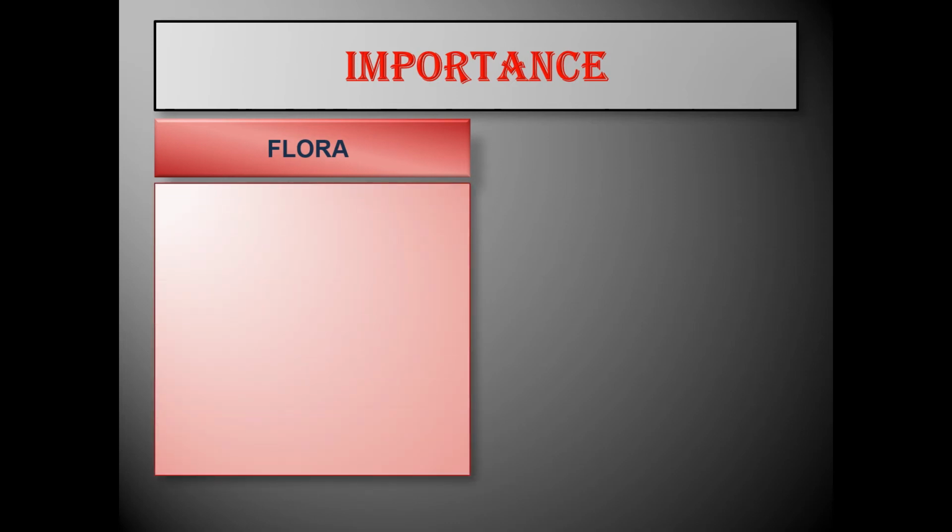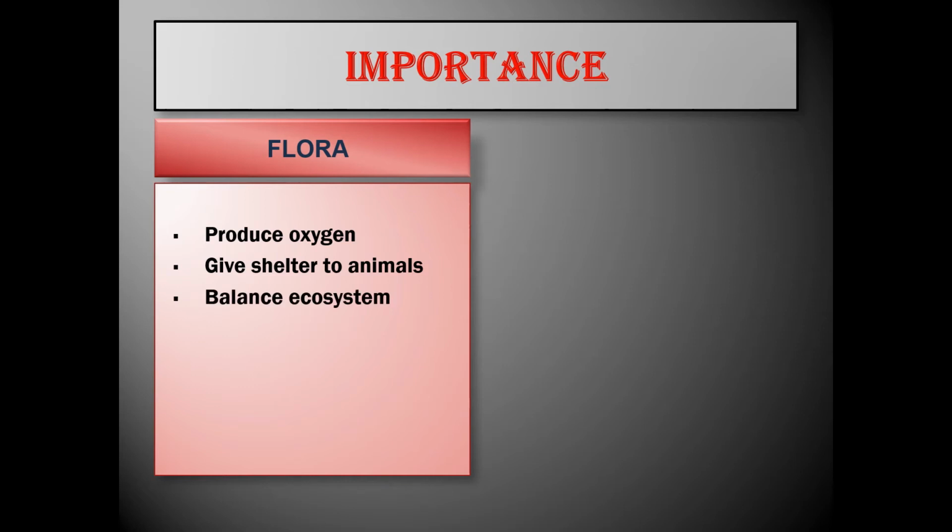The flora, that means natural vegetation, is a great source of oxygen and helps us by absorbing carbon dioxide. The flora also provides shelter to many wild animals and is also helpful in balancing the ecosystem.